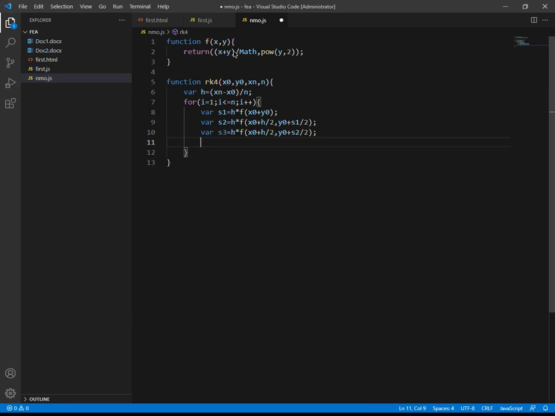Okay. Then I could write var S4 is equal to. Is there any problem? S3 is highlighted with different color. Okay, let us see.